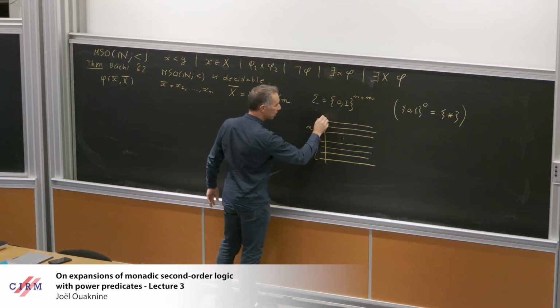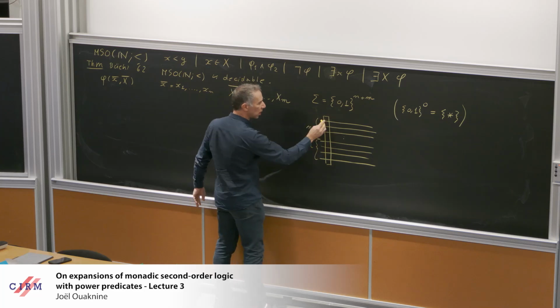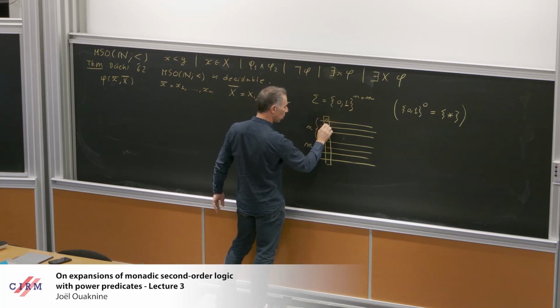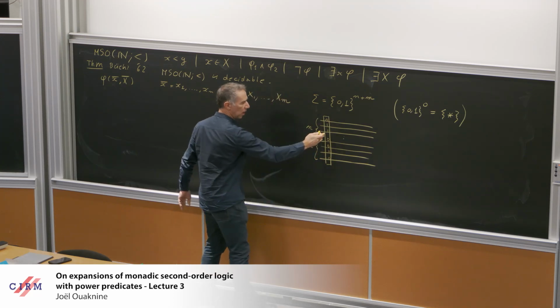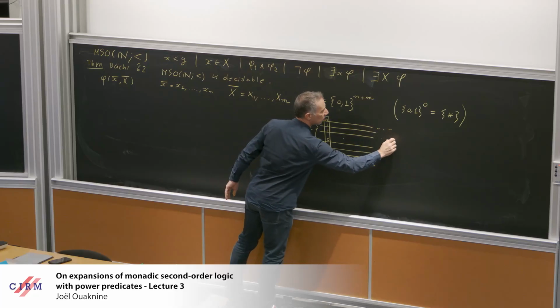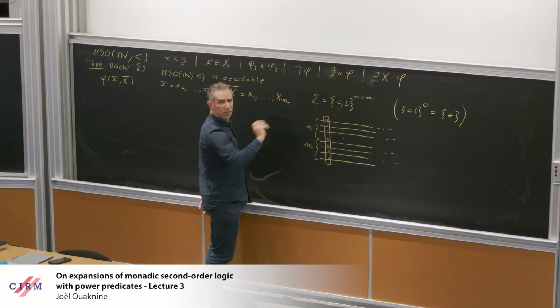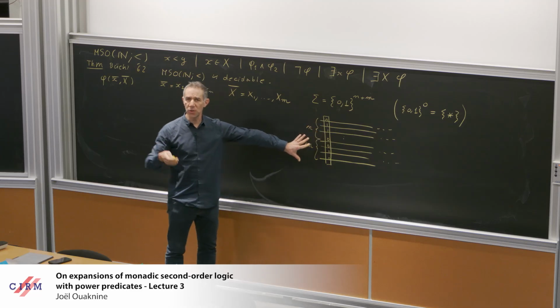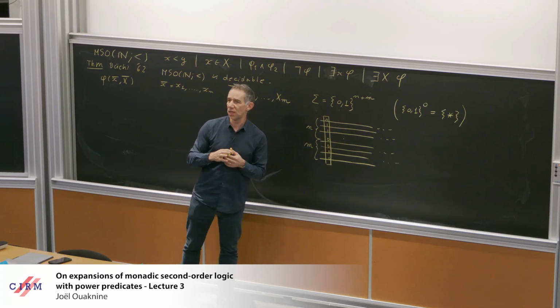A letter is simply a vertical column, and maybe you have 0, 1, 1, 0, 0, 1, 0. That's a letter, and the word is simply this infinite collection of letters that go on forever. That's kind of the picture, right? So an omega word in this alphabet will consist of letters of that nature.